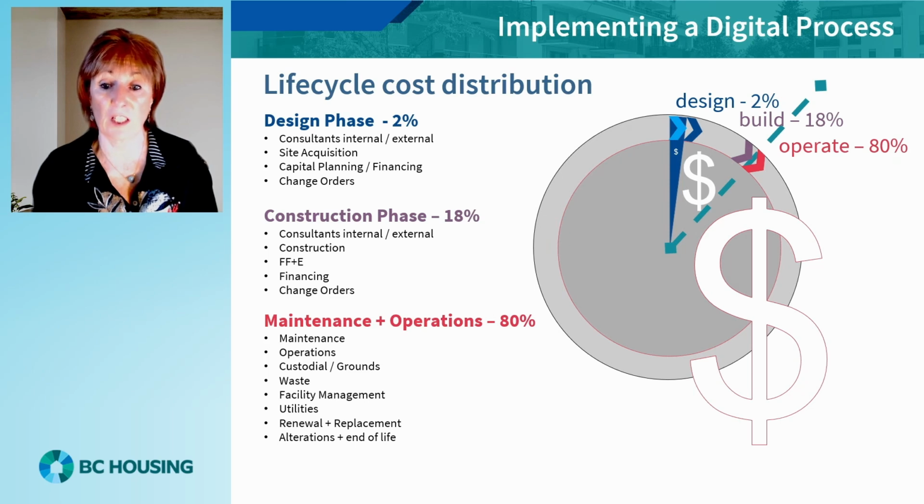Construction involves the consultants as well as the trades and contractor, FF&E, financing, and change orders. Maintenance and operations includes custodial, grounds, waste facility management, utilities, renewal, and replacement, along with alterations and end of life. As can be seen, design time is cheap time, but it also has the most ability to impact all other phases.